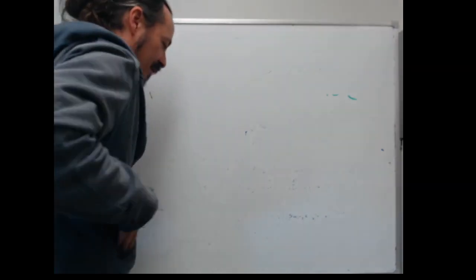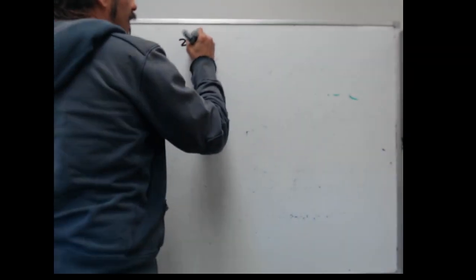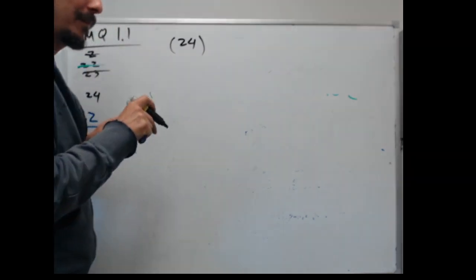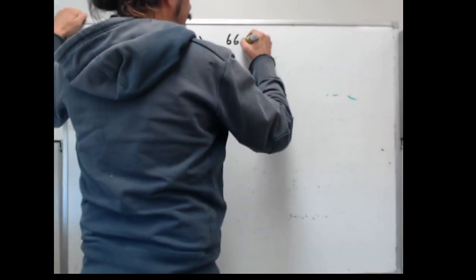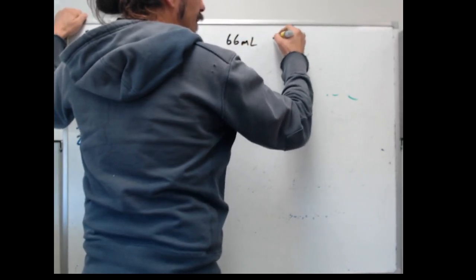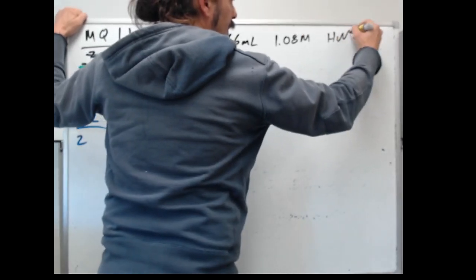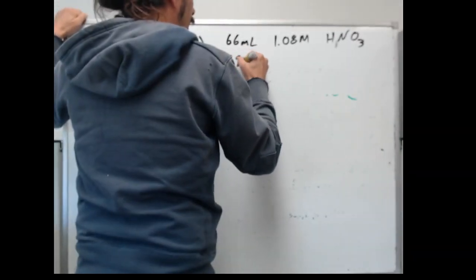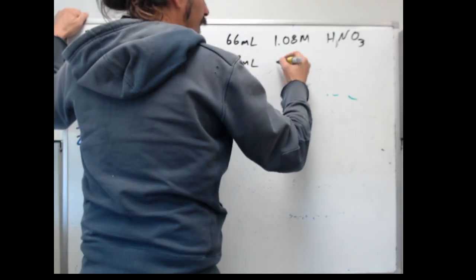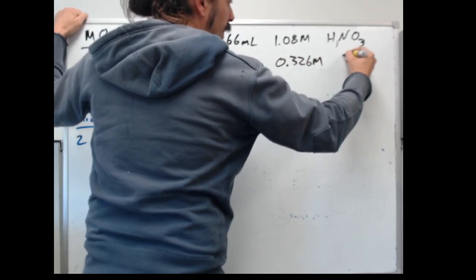Okay. Who's got number 24 handy? It says that we mix 66 milliliters of 1.08 molarity nitric acid with 89 milliliters of 0.326 molarity calcium hydroxide.